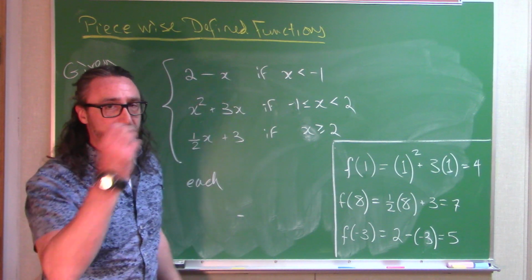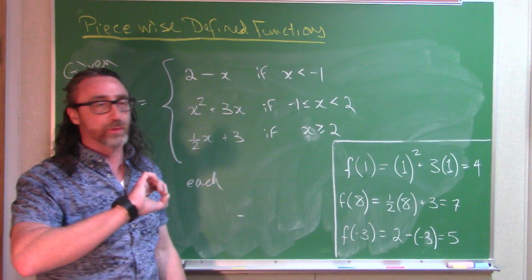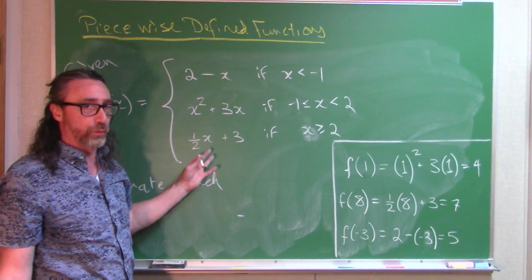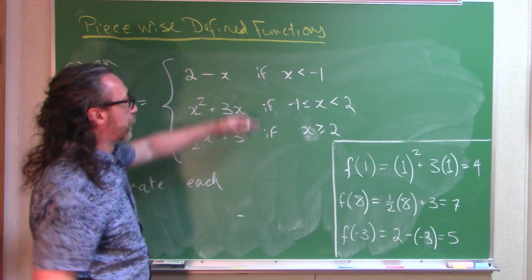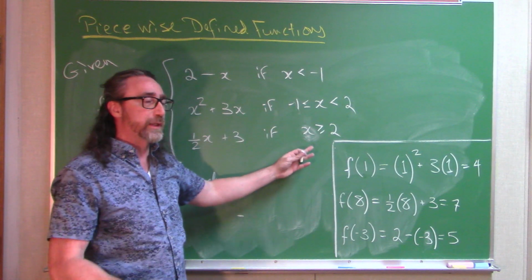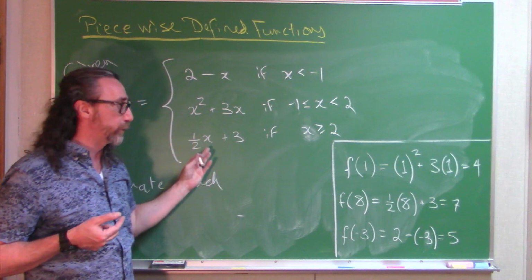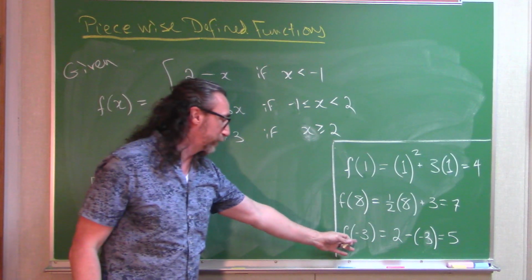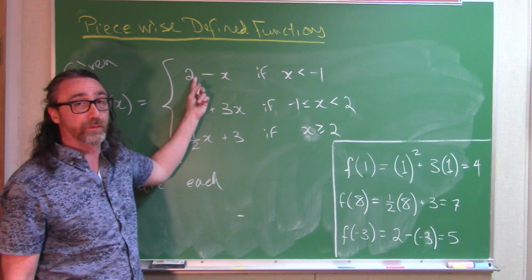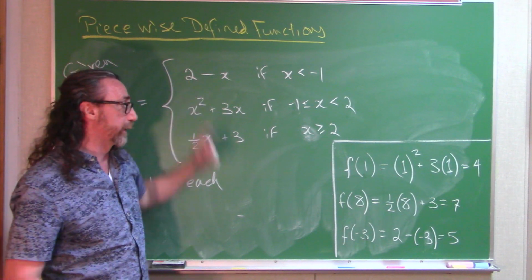Okay, so if you're given an input and you have to use a piecewise defined function, and you'll be able to tell it's piecewise because it has these multiple rules, you take your input, you compare it to the conditions over here. Look at which condition it meets, and that determines the rule you use. In this last example, we met the condition on the first line, so we use the rule on the first line.